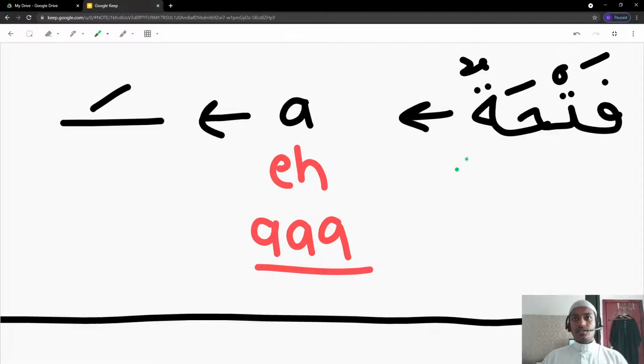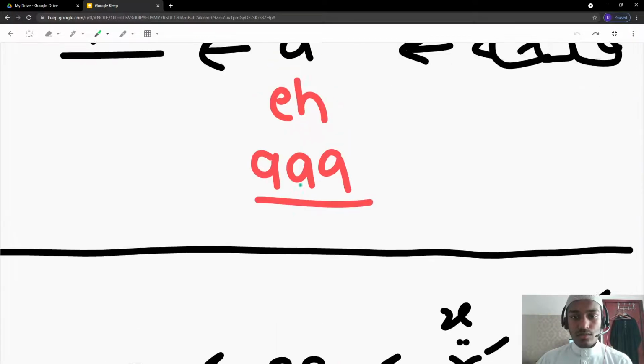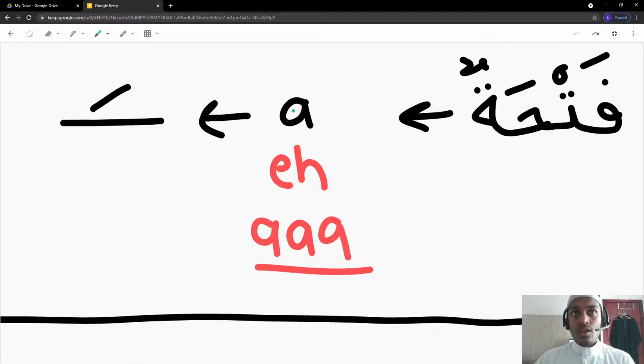Here, inshallah, we'll go a little bit into what the sounds are. First of all, we have a Fatha. It makes an ah sound, and its symbol is a single line above the letter. We'll add examples inshallah.